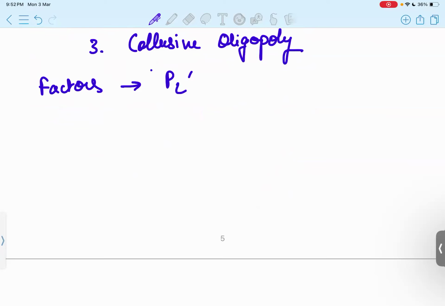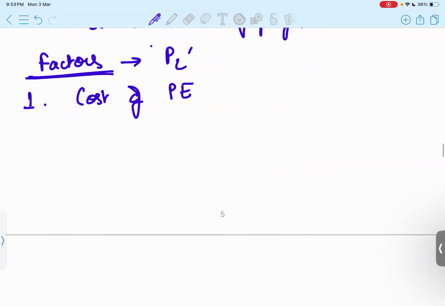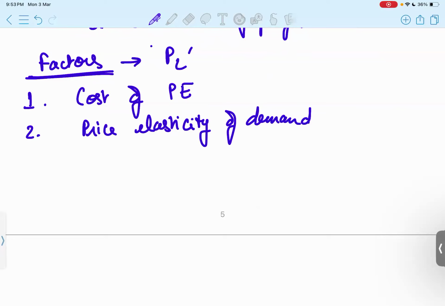So the factors: one would be the cost of the potential entrants, because this will determine the limit pricing that we will understand further through the graph. Second, price elasticity of demand of the goods that are being produced, which is also one of the important factors.